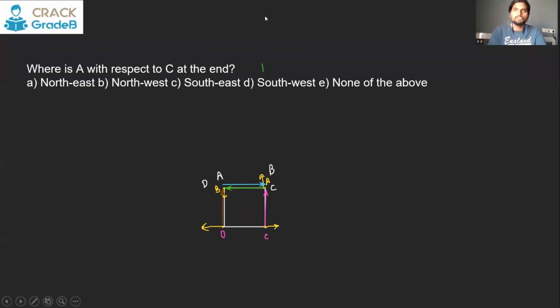Where is A with respect to C in the end? C is here. A is here. So A is going to be to the west. So answer will be none of the above. Let's once again see. Did we miss anything?